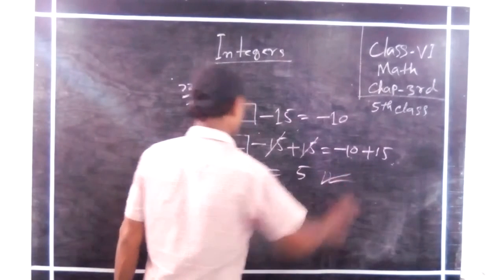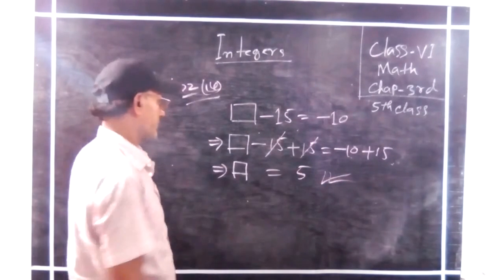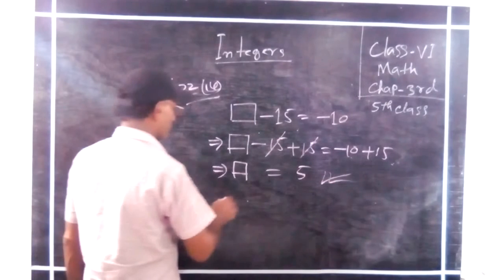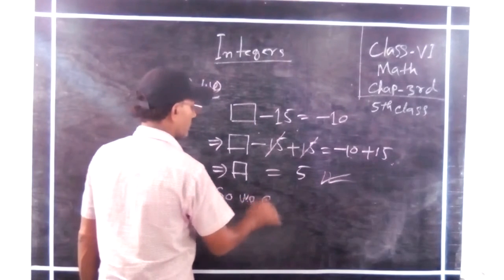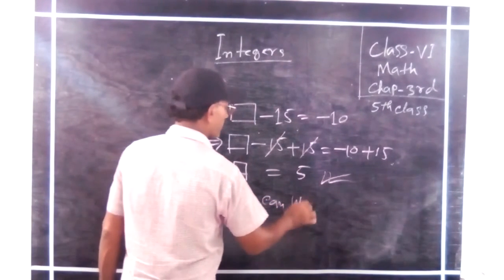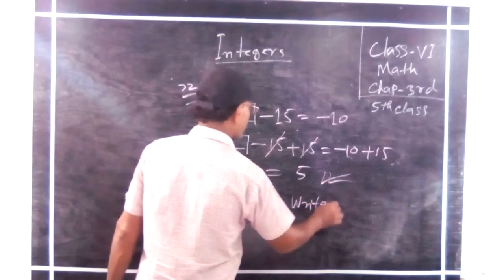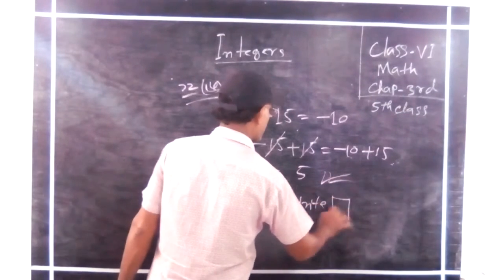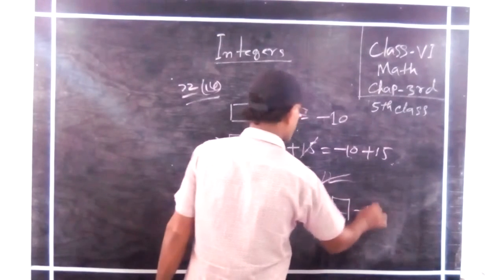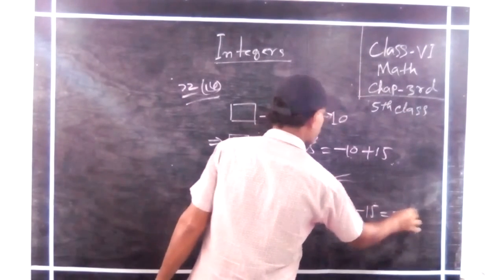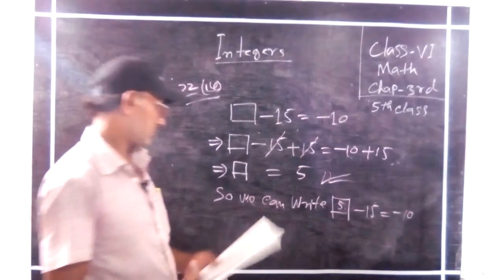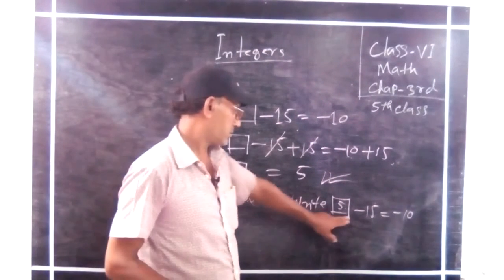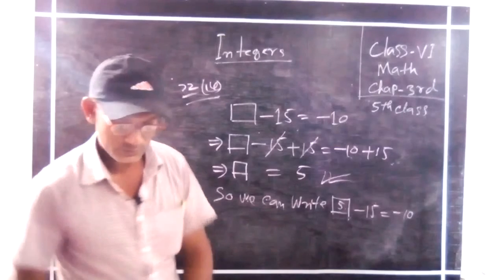So we can write empty cell minus 15 equal to minus 10, empty cell equal to 5. That is right. Okay? That is right.